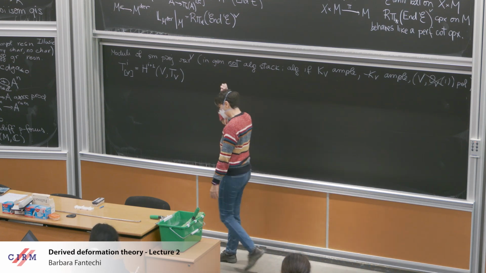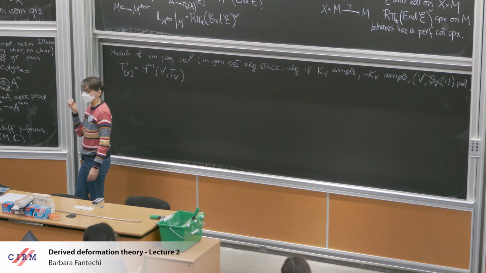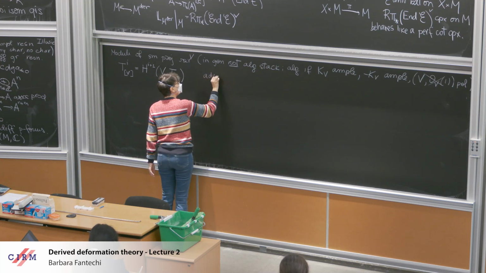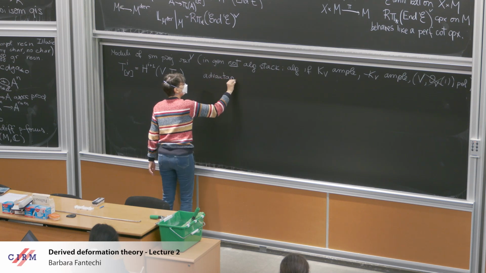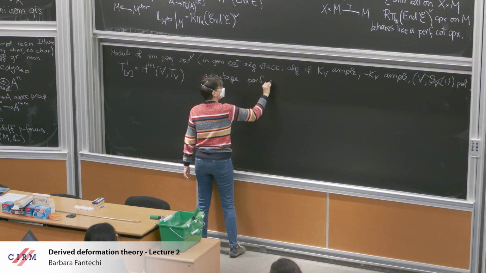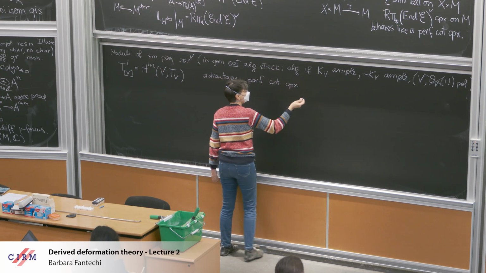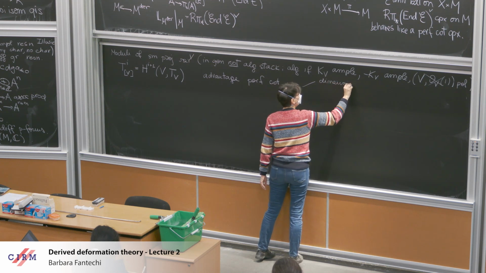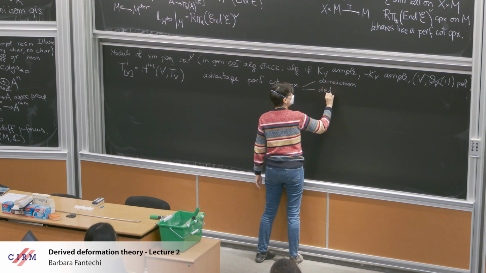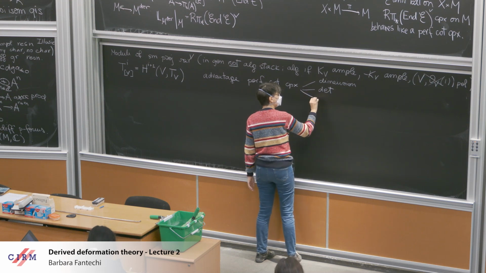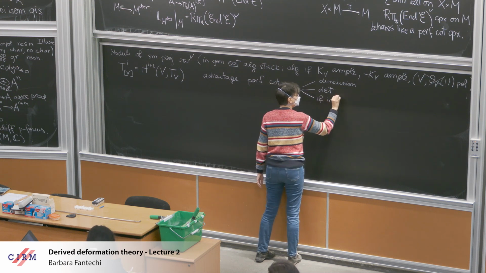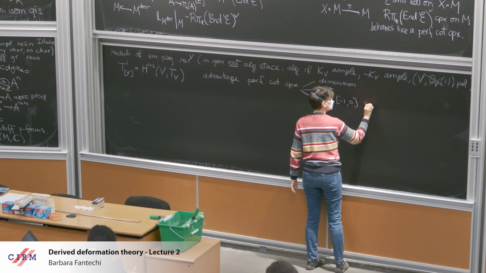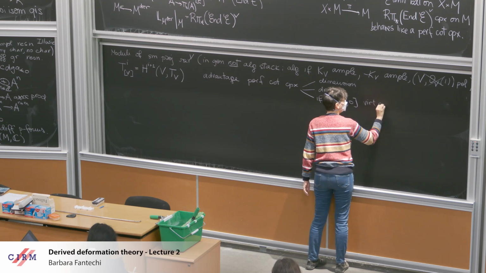And the perfect cotangent complex is very good, because, for instance, you can define dimension, you can define its determinant, and if it's in degrees -1, 0, you can use it to define virtual classes in a number of contexts.